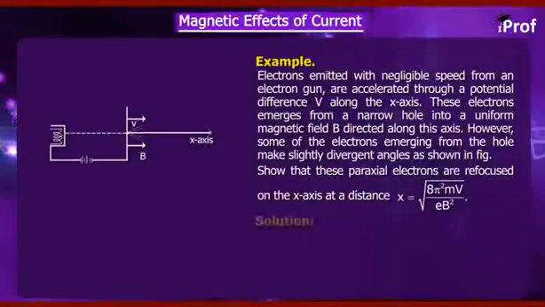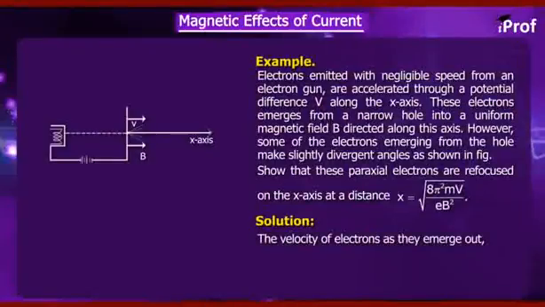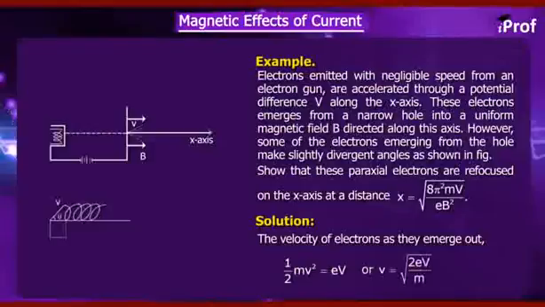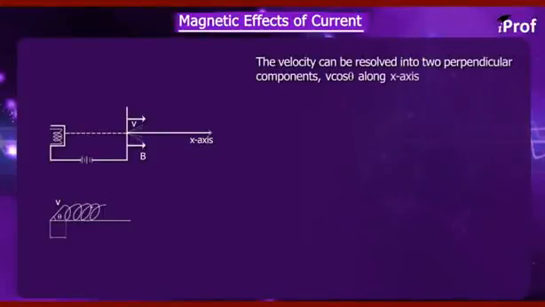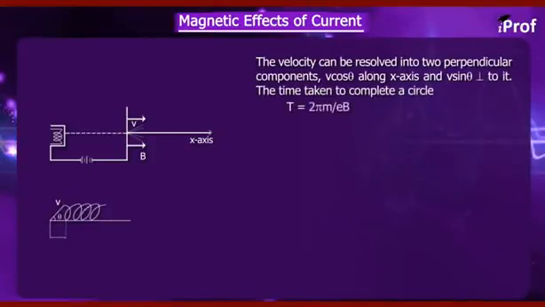Let's see the solution. The velocity of electrons as they emerge out: half mv squared equals eV, or v equals square root of 2eV upon m. The velocity can be resolved into two perpendicular components, v cos theta along the x-axis and v sin theta perpendicular to it. The time taken to complete a circle t equals 2 pi m upon eB.